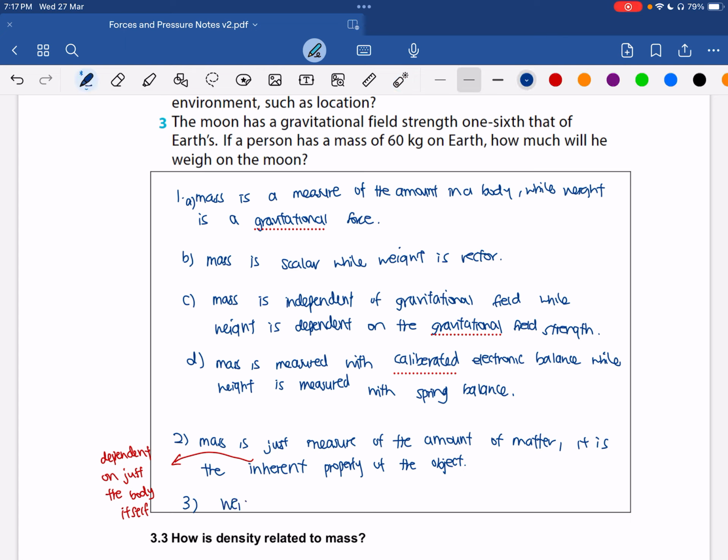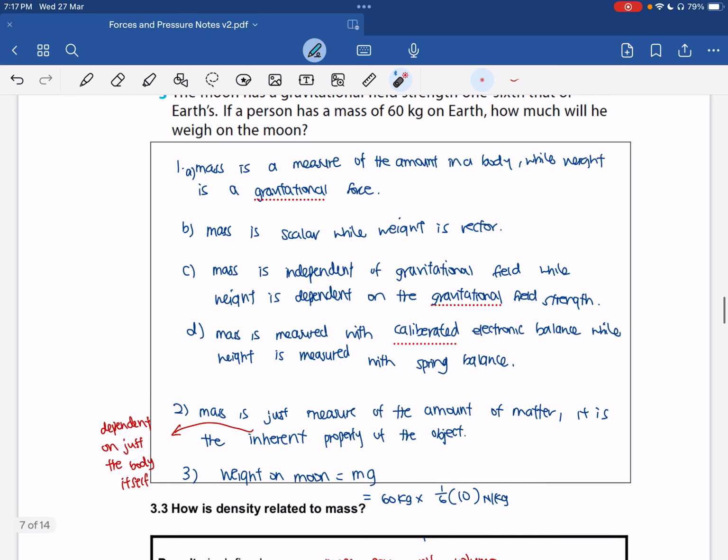But the weight on the moon, which equals mg, will be 60 kilograms times 1/6 of the gravitational field strength of the Earth. So 60 times 1/6.